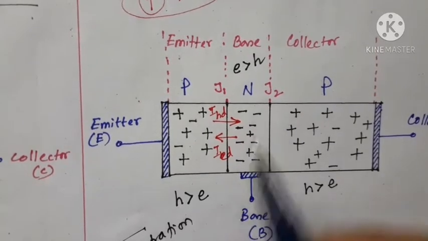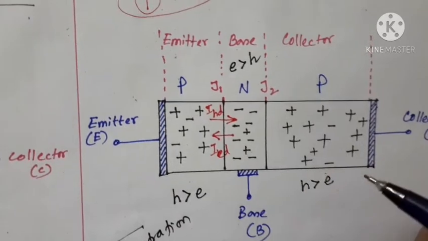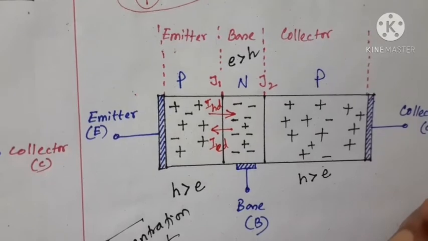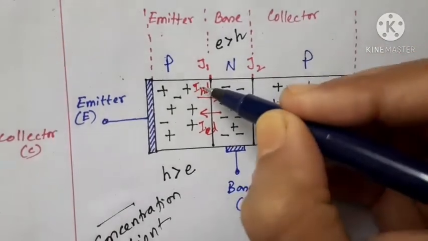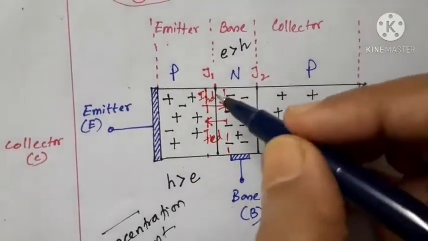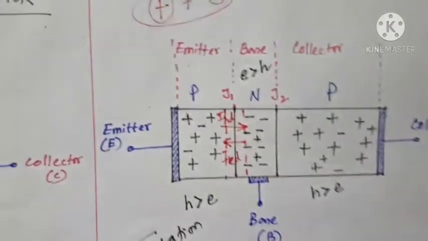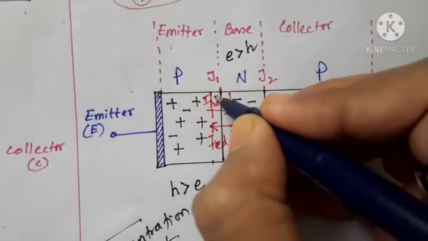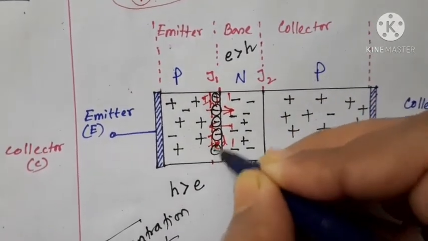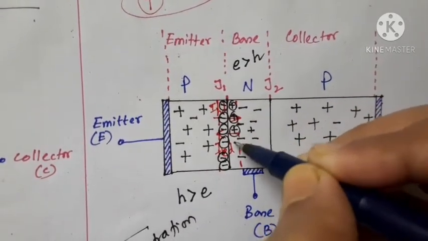There will be excess carriers, and between these carriers there will be an electric field, that is a force of attraction, or we can say a depletion region. On the p side there will be negatively charged immobile ions, and here there will be positively charged immobile ions.